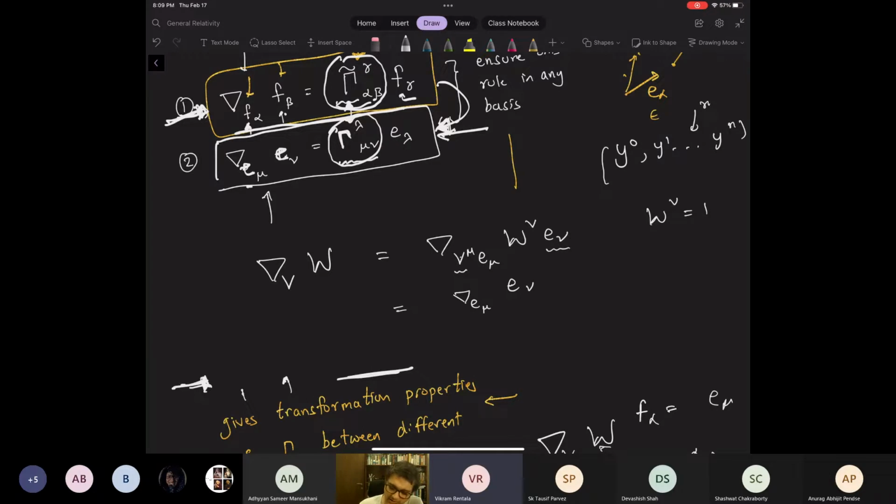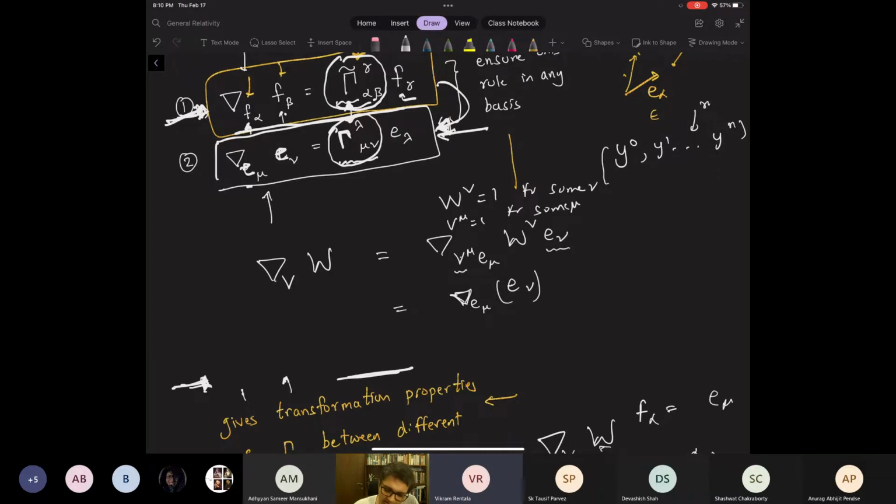So now basically when I act like this, what we had previously written as the rule was something like this. Here we've chosen W^ν equals 1 for some ν, and V^μ equals 1 for some μ and 0 for others.